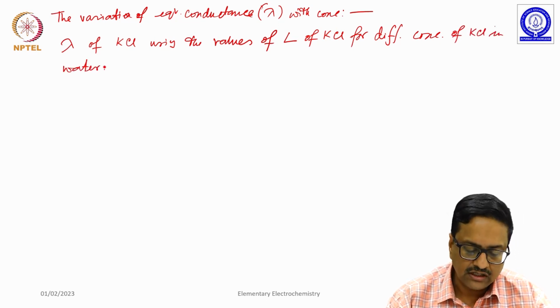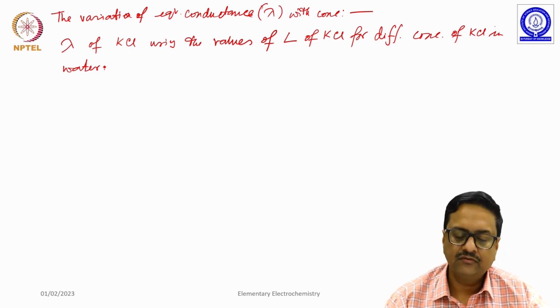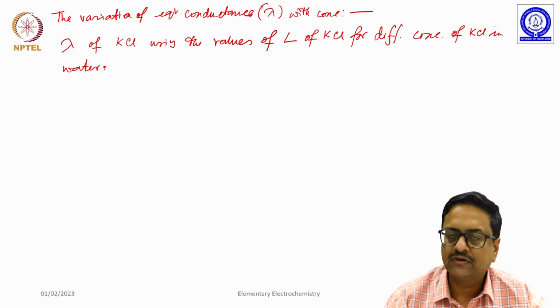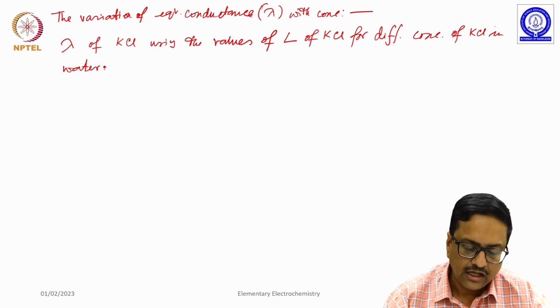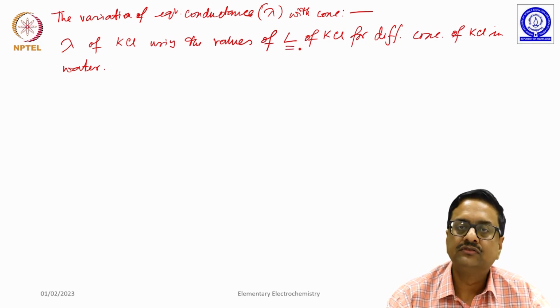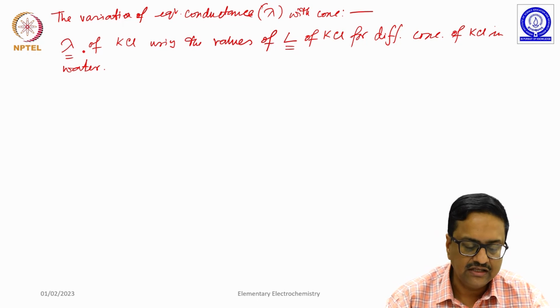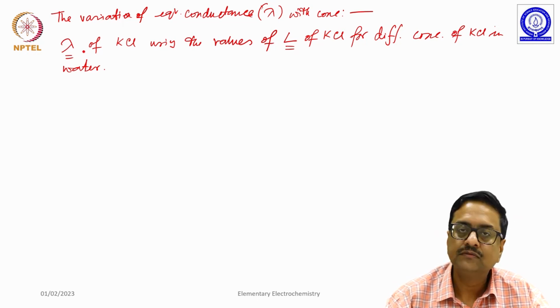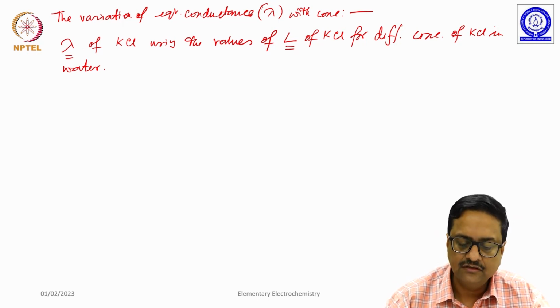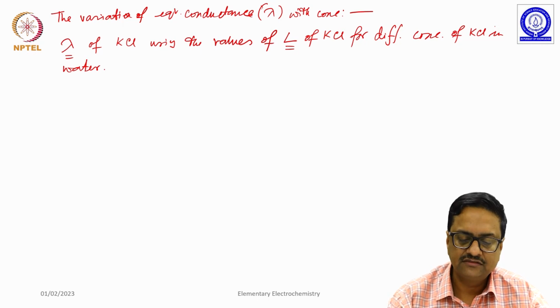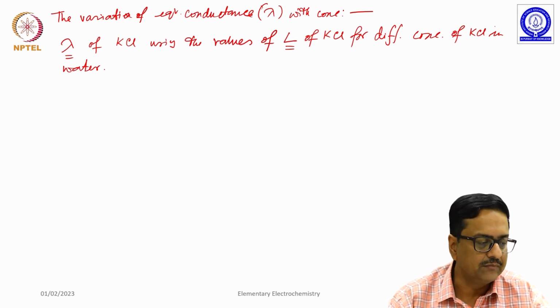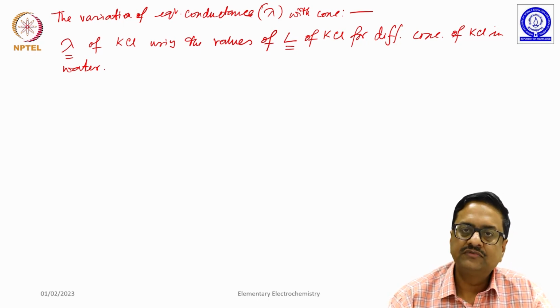So if you remember, we had given you a table for 3 different concentrations and we had 3 different values of L. From that one can calculate the value of lambda. I leave that calculation to you. You see that there is a significant change in lambda. What is observed?